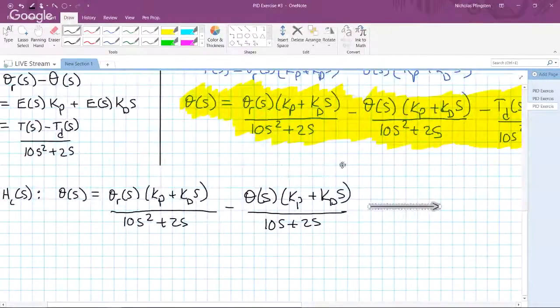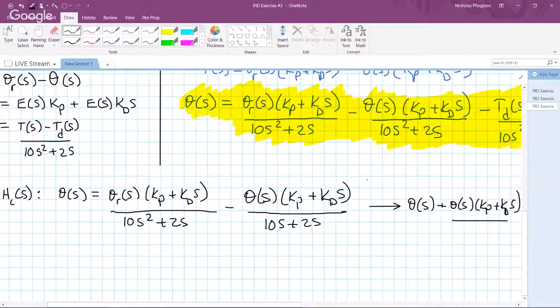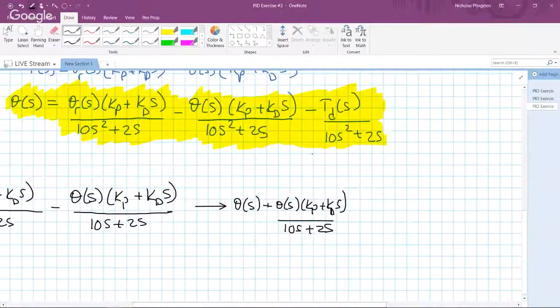And it'll look something like theta of S plus theta of S (Kp plus K sub D S) all over 10 plus 2S. Okay.